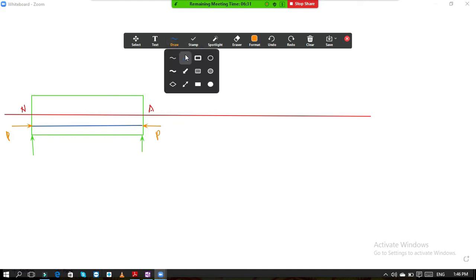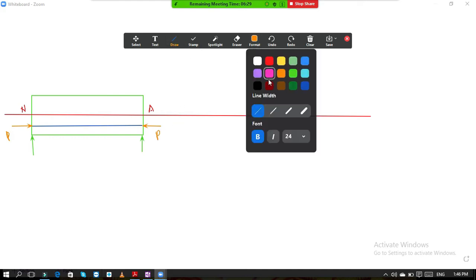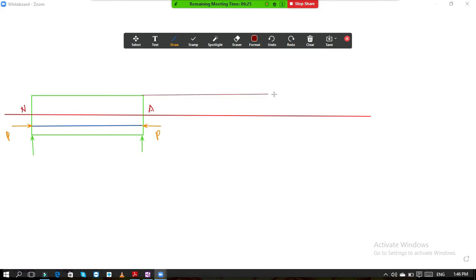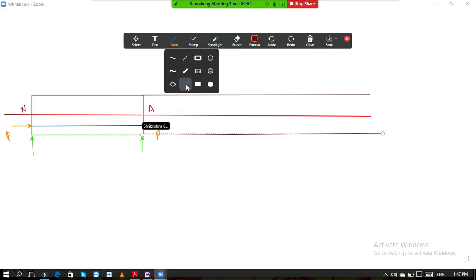So now if you extend these lines, first we will draw all the diagrams, or at the last we will draw all the diagrams. Let us see what has happened due to this eccentricity. This distance is nothing but your eccentricity. Now see what will happen if you consider this neutral axis.